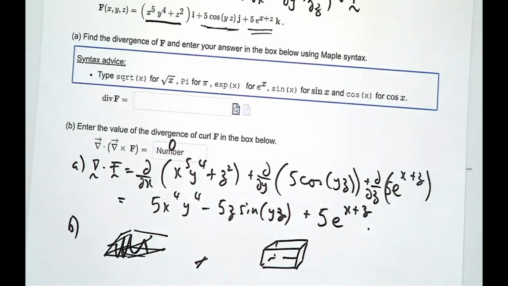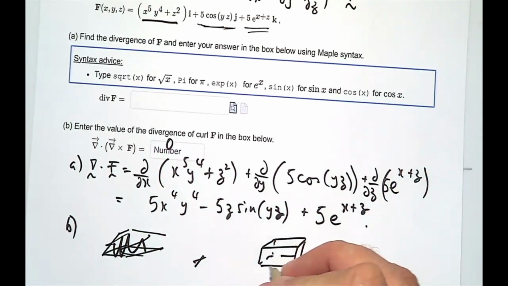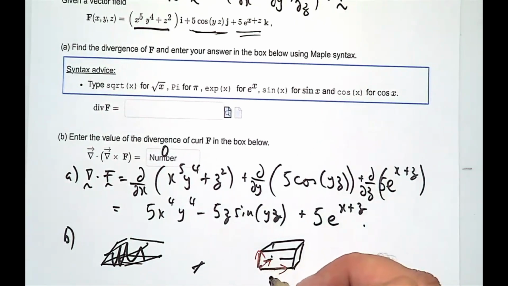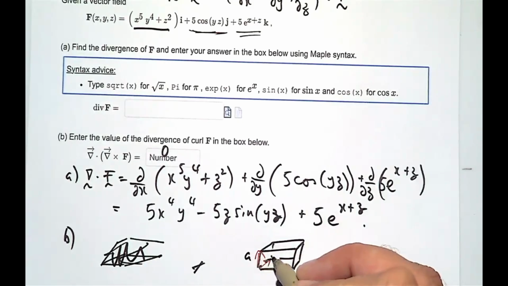Okay, and you've got three vectors. One vector there, one vector there, and one vector there. So basically three edges are spanned by three different vectors. Okay, getting flashbacks to Math 1A. All right? And let's say this is vector A, that's vector B, and that's vector C.